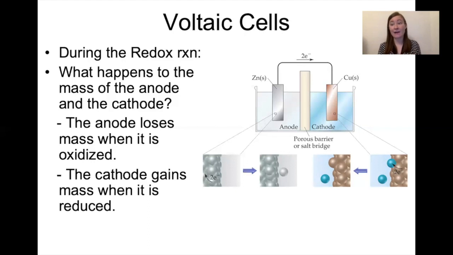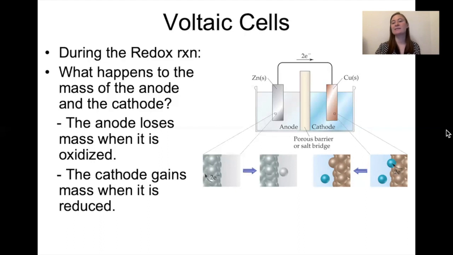There's sometimes a misconception that the cathode gains mass because it's gaining electrons. That's actually not true. Electrons are essentially massless. They have such a tiny mass that they have no direct effect on the mass of the cathode. We would never be able to measure the mass change because of the electrons themselves.